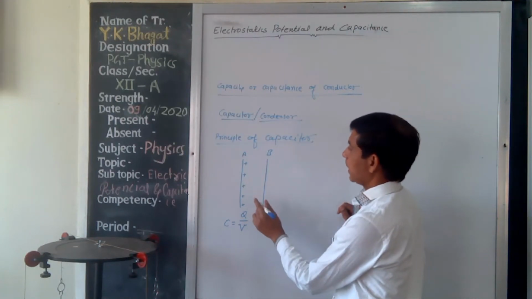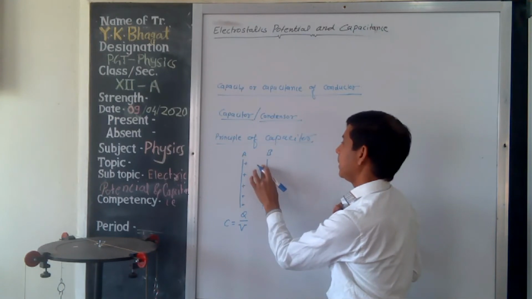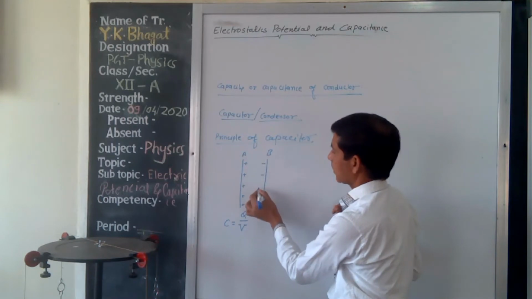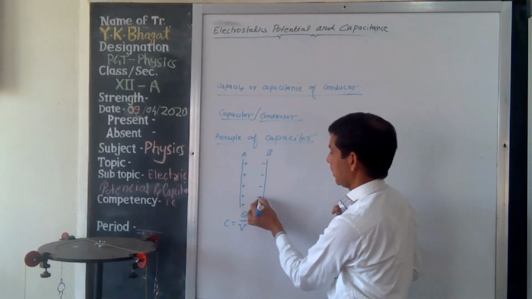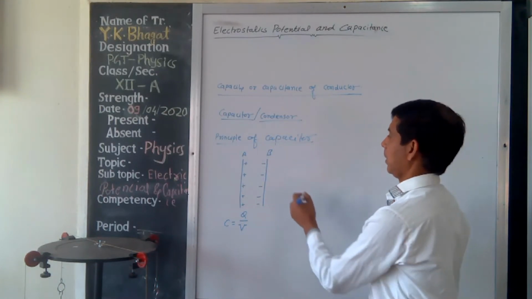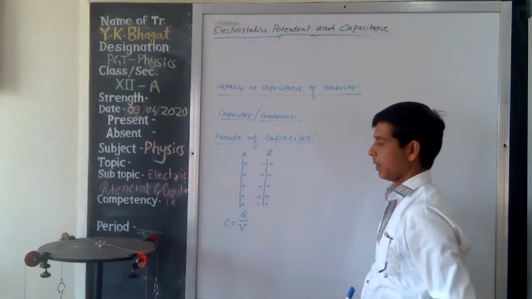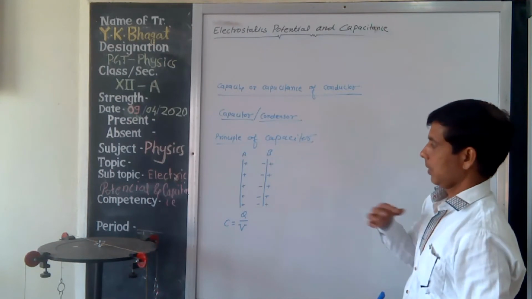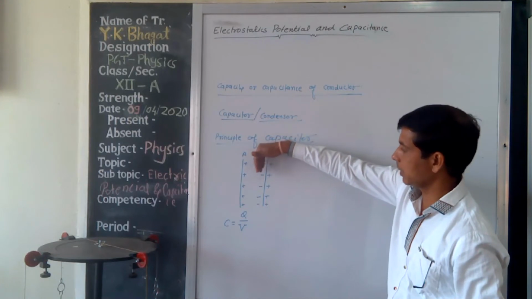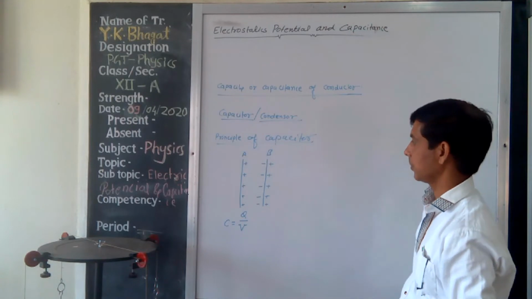Thus, due to induction, opposite charge in the same quantity is induced on the inner side of that conductor, and the same charge is induced on the other side. The same amount of charge is induced, but on the near surface opposite charge is produced, and on the outer surface the same charge is produced.